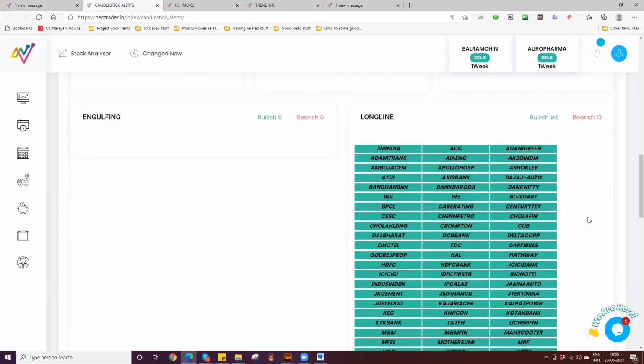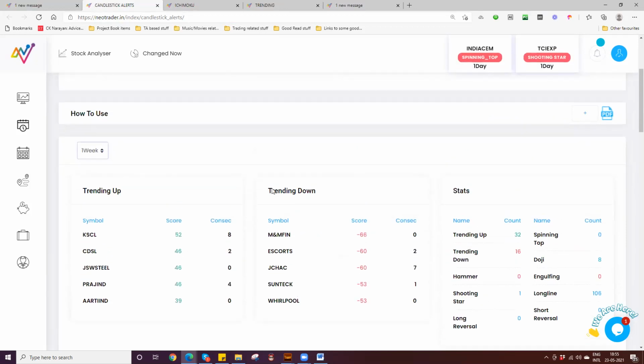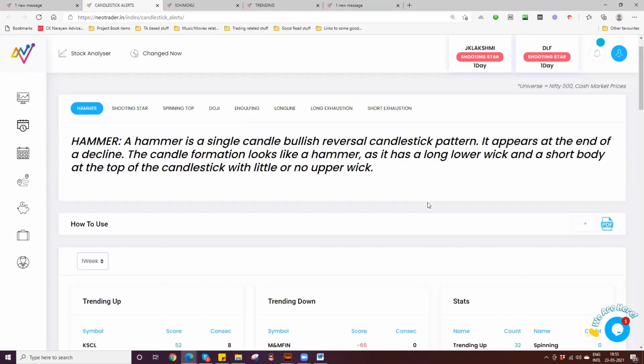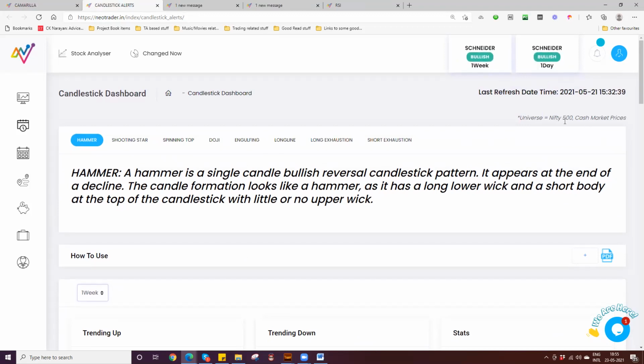The reason there are 94 stocks is that whenever you take the time frame to weekly or monthly, the universe of the stock, right, that NeoTrader chooses automatically shifts to Nifty 500, okay? Nifty 500 will come on when you choose the higher time frame.